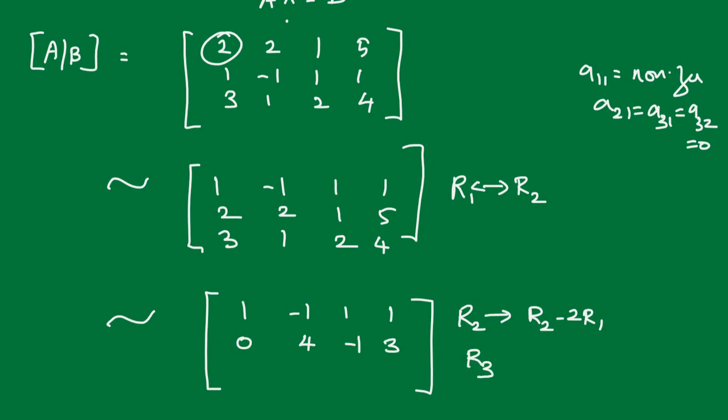Next, similarly, R3 to R3 minus 3 times R1. 3 minus 3 gives us 0. 1 plus 3 gives us 4. Next element is minus 1. So we get 4, minus 1, and 4 minus 3.